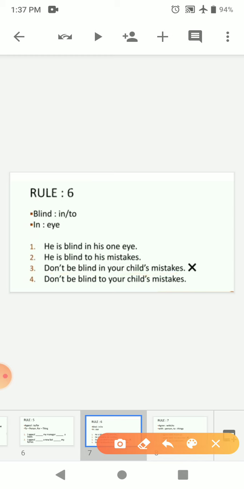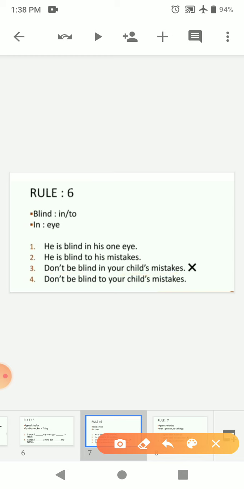He is blind to his mistakes. So here we are not talking about eyesight, we are not talking about its literal meaning. He is blind to his mistakes means we are talking about somebody who is taking his mistakes for granted, or we are talking about the nature of that person, that person's behavior.